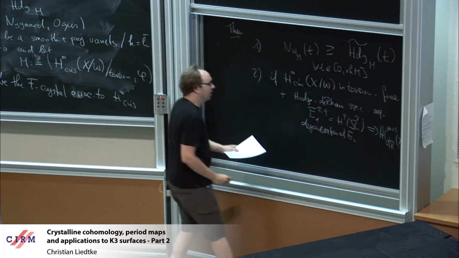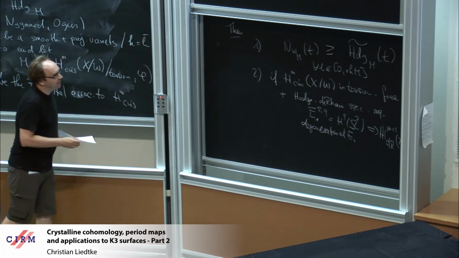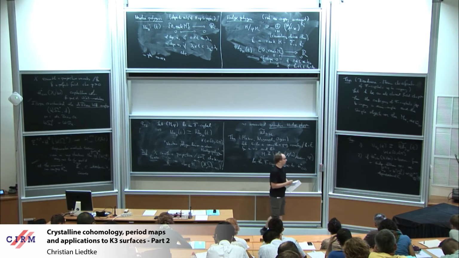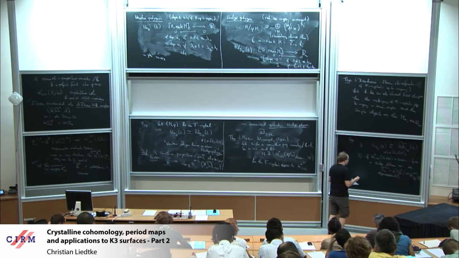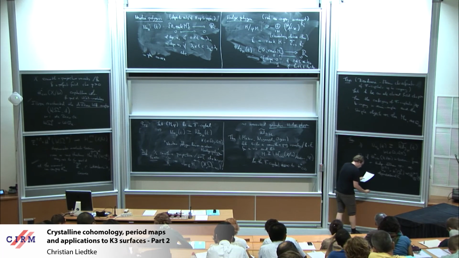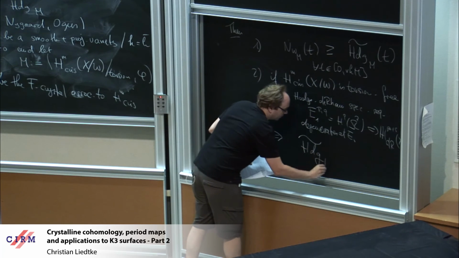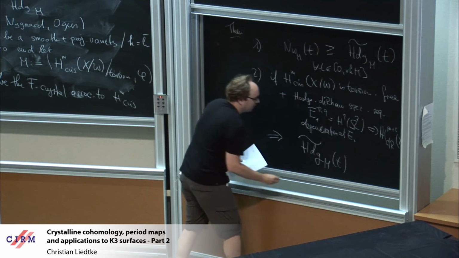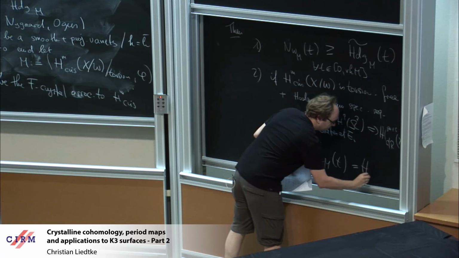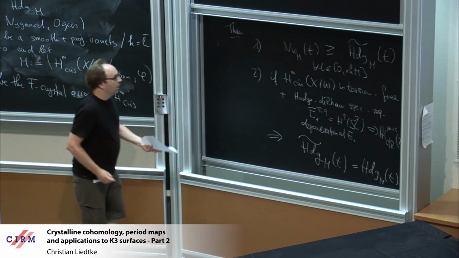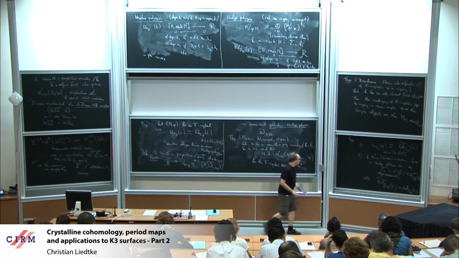So for example, this second condition is by Deligne-Illusie the case if you have a lifting over W_K and p is bigger or equal to the dimension. Then what you have is that, so this makes precise for all t.